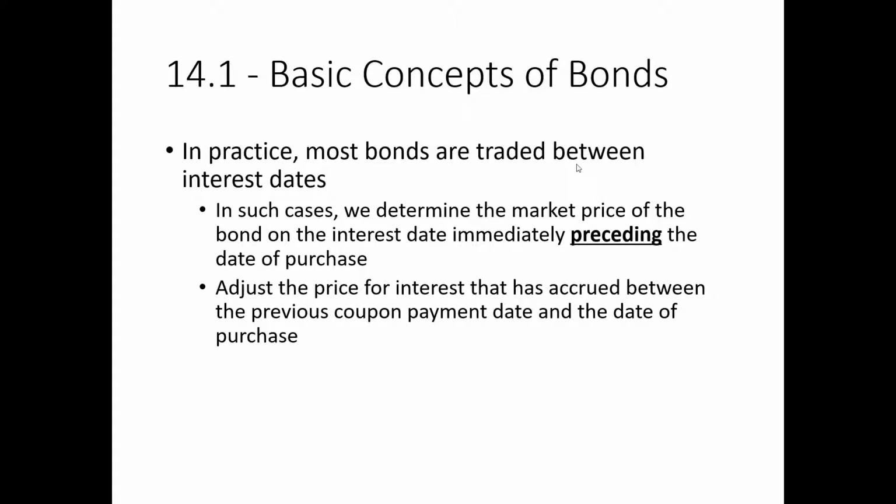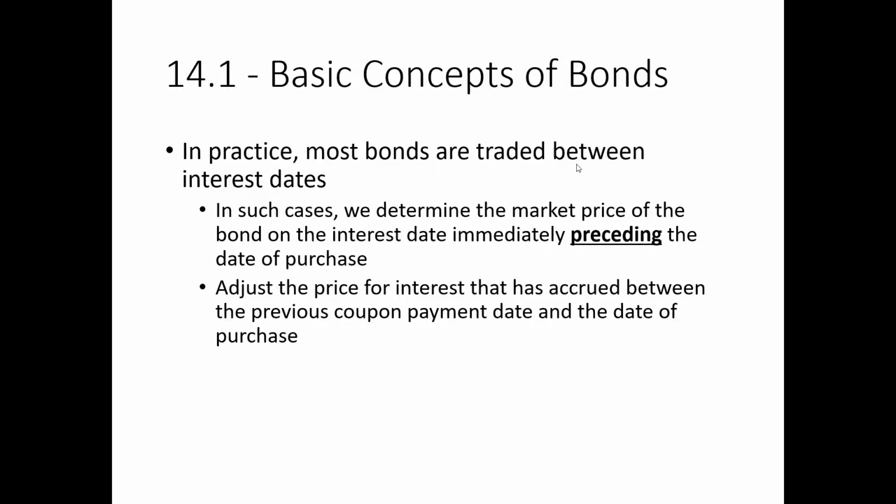Okay? So it's relatively easy to find the price of a bond on an interest payment date. But if you have a bond, like the one we were just discussing, with semi-annual payments, you know that bonds are going to be traded more than twice a year, right?